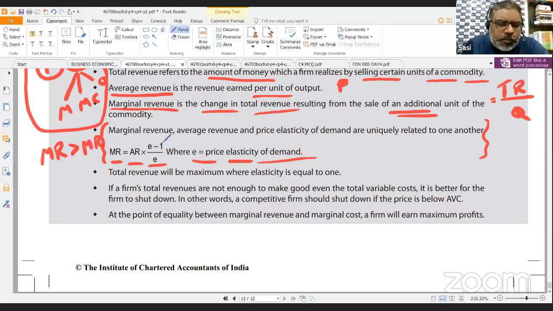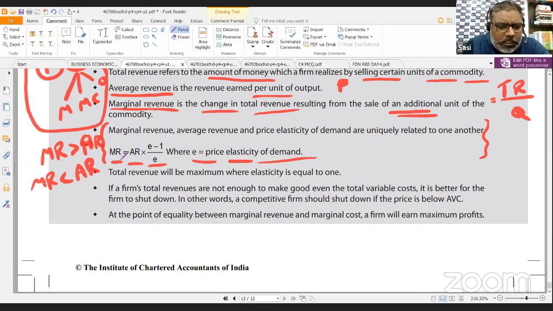That means for those situations where the products are more price elastic, marginal revenue will be more than average revenue. Marginal revenue will be less than average revenue when E is less than 1.